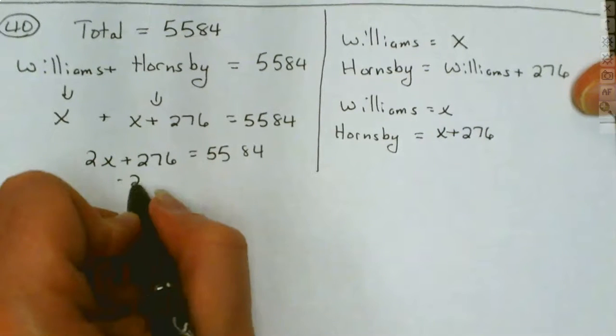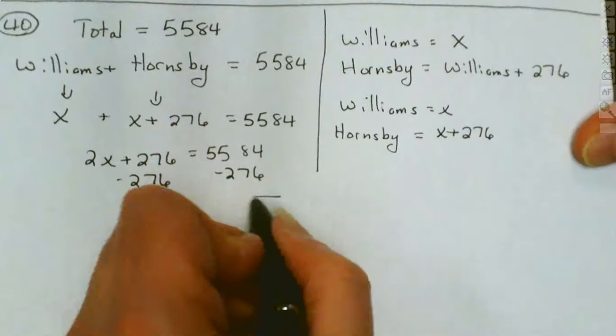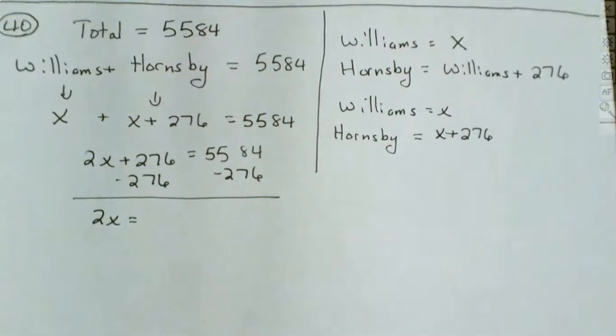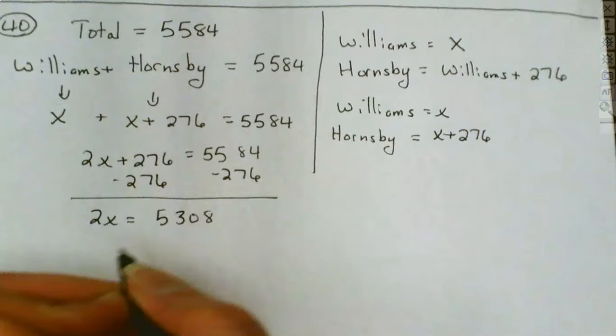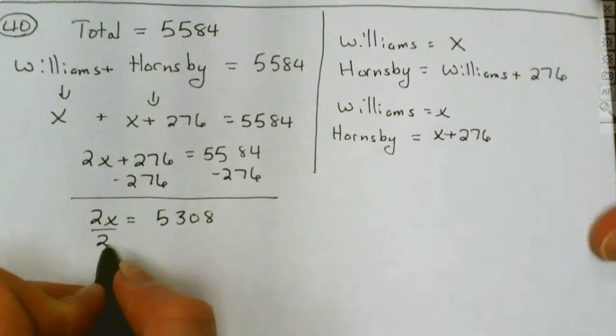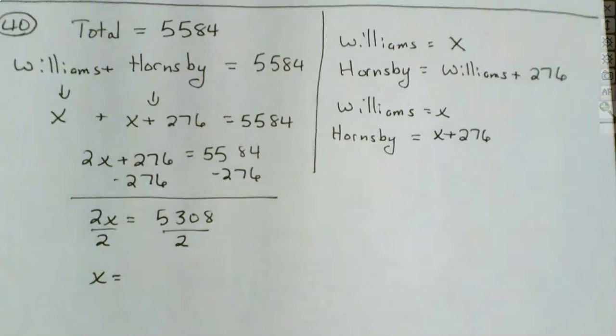We'll move that 276 over with subtraction. And now we have 2x equaling 5308. Divide by our 2. And that leaves us then with x equaling 2654.